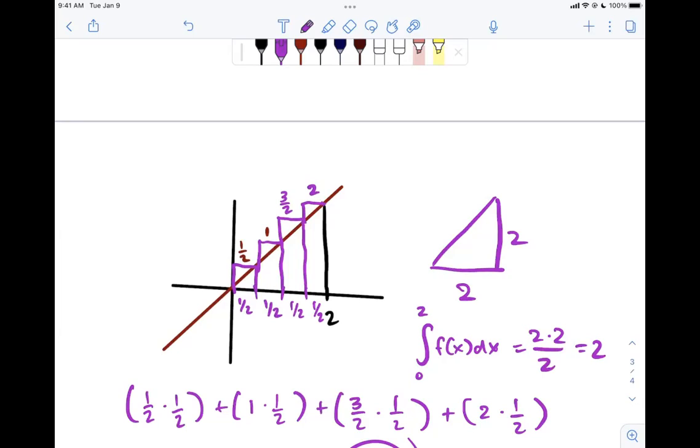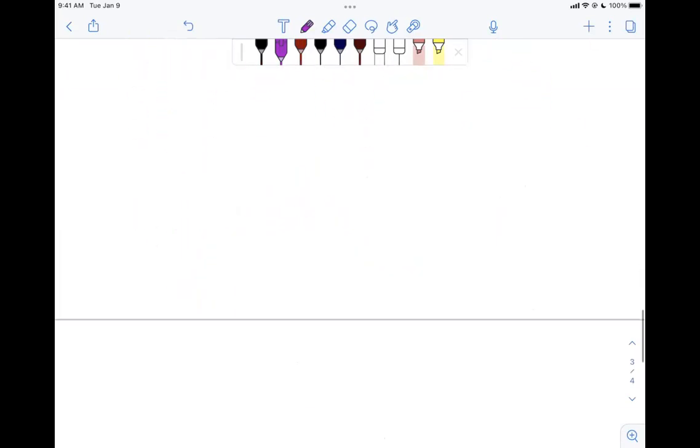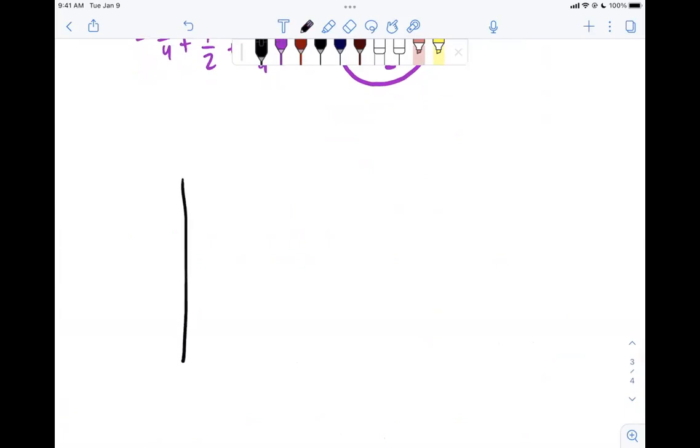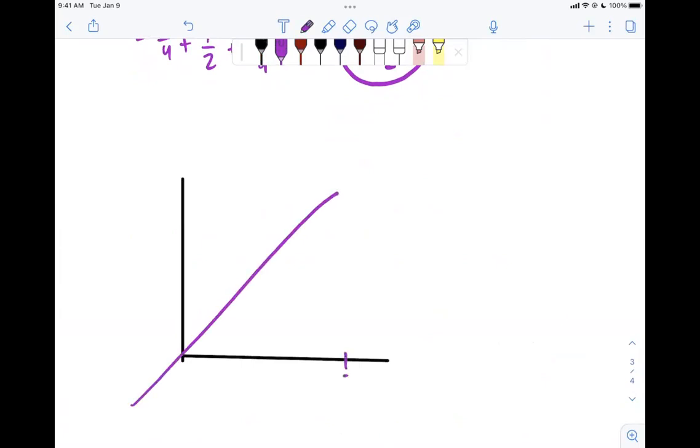We can also try and do a midpoint sum. So let's try doing that. And I'll just do the same example so you can see how this works. So we again have our line, y equals x, say this is 2. I'm drawing this a bit bigger because this will be a bit harder to draw.